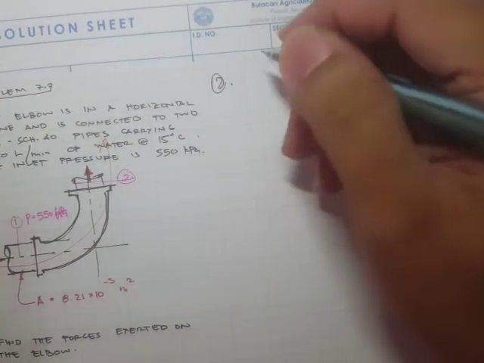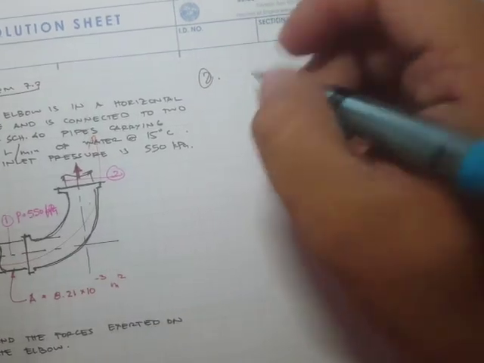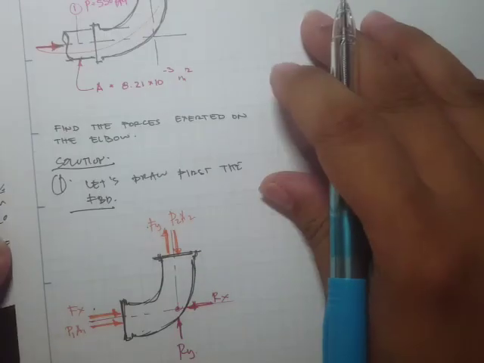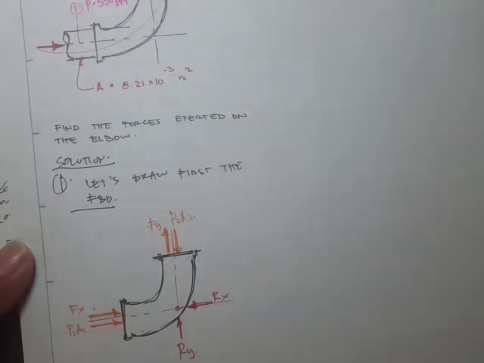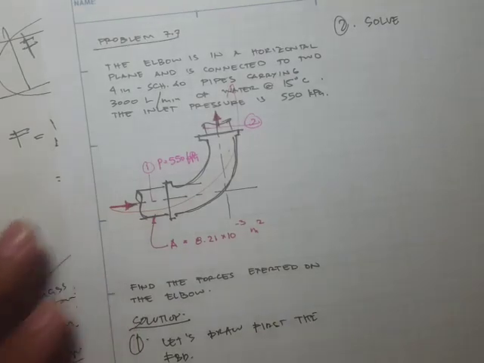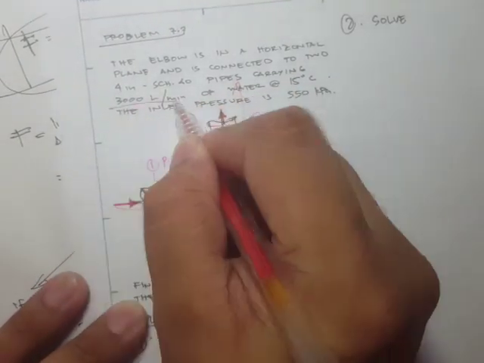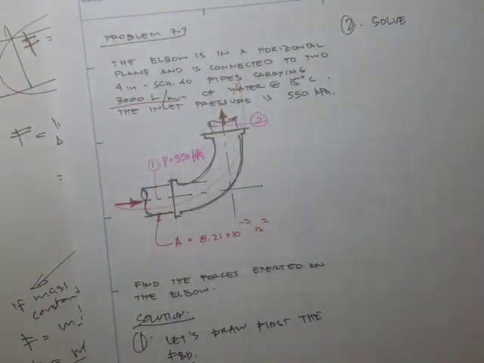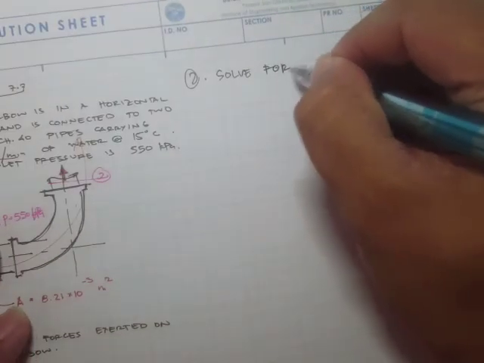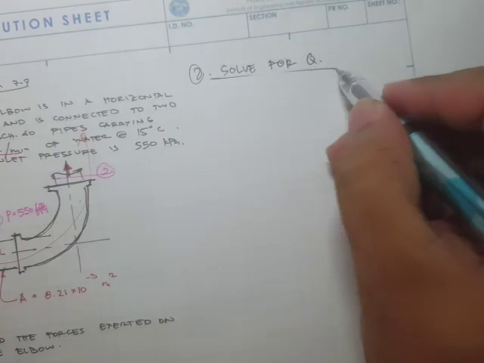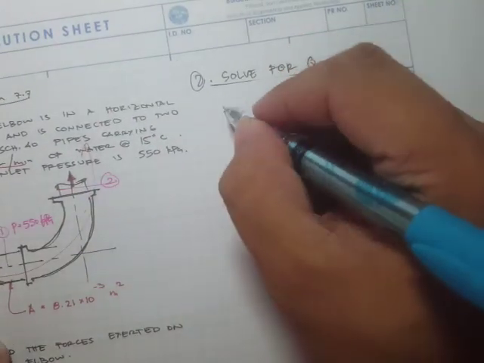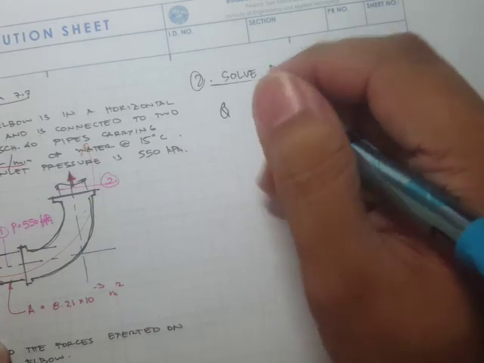Okay, so the second step is to solve for the flow rate, because we have here a given flow rate of 3,000 liters per minute, and we have to convert that. Solve for Q, and we have to convert this in terms of meter cube per second.